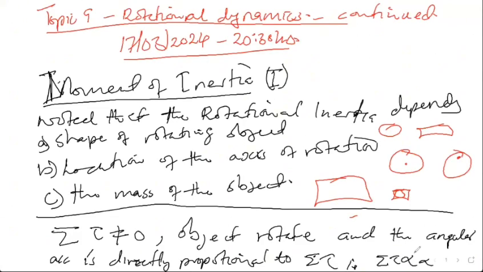So the constant of proportionality for this equation will be the moment of inertia. Net torque will be equal to moment of inertia times angular acceleration. This is what we will find out now.